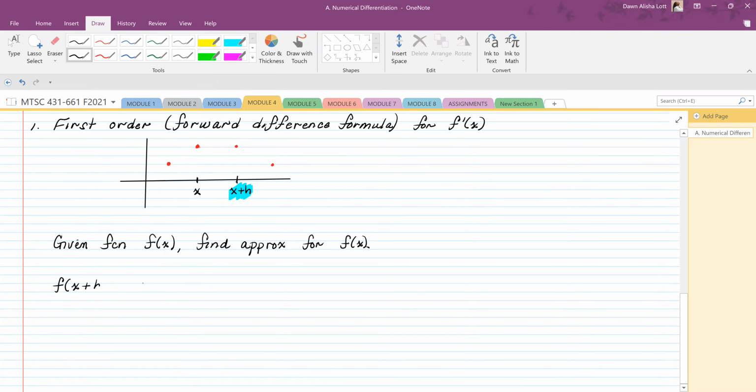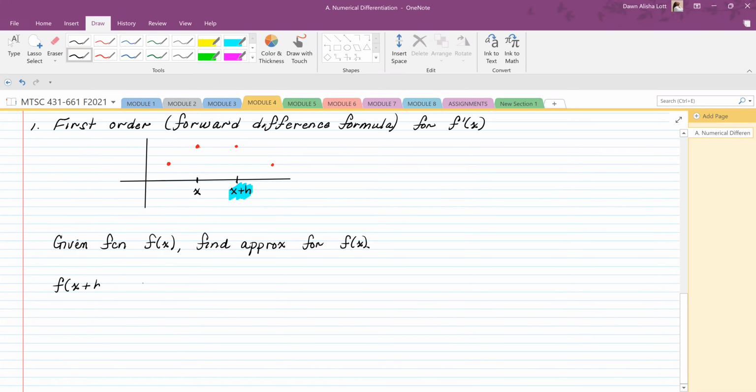I should have given them names first. This is equation 1, and this is equation 2.